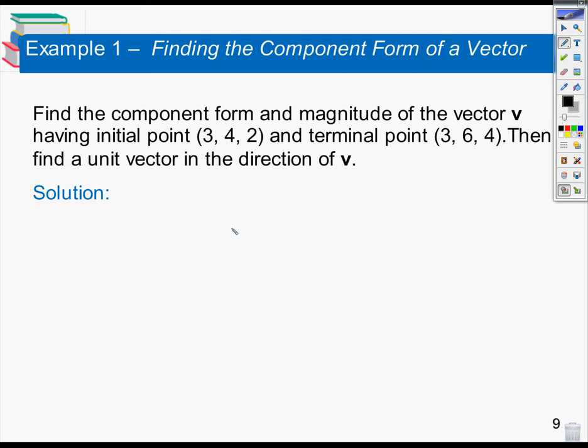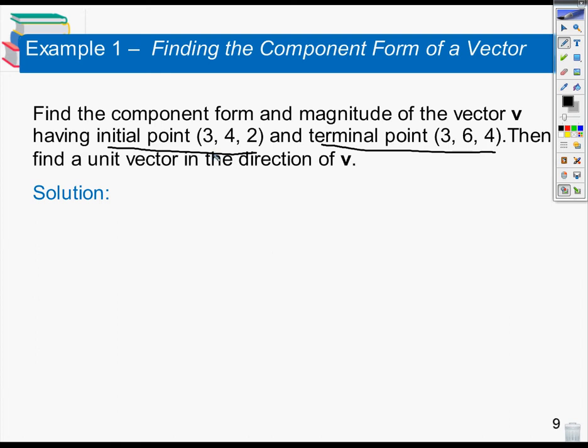And that it is indeed identical. So we want to find the component form of a vector that starts with an initial point of (3, 4, 2) and a terminal point of (3, 6, 4). How we would do this normally would be to take the initial point and move it to the origin, (0, 0, 0).